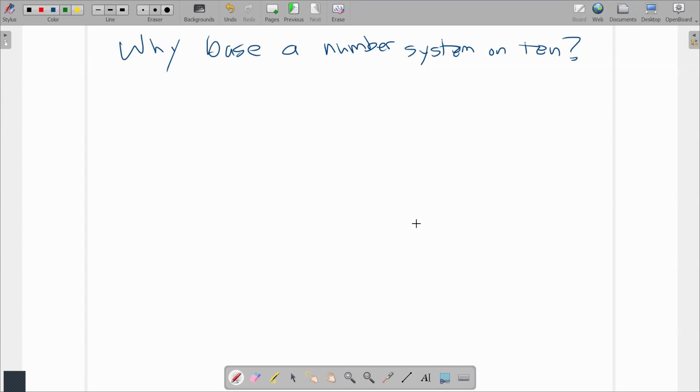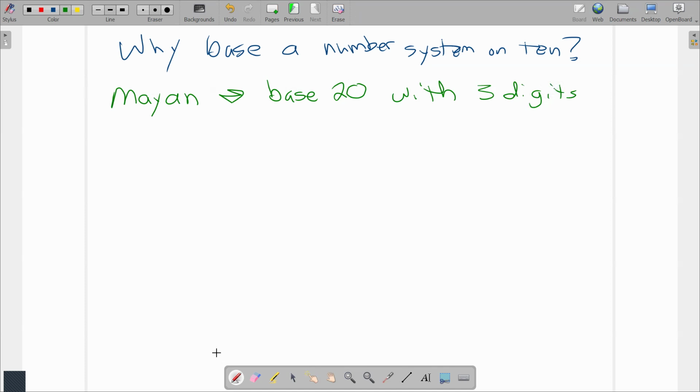So what we're going to experiment with is other systems. I'm just going to give you a couple of notes and then we're going to do a new system. My favorite is the Mayan number system. Mayans had a base 20 number system with 3 digits. Yeah, we'll play with Mayan later.